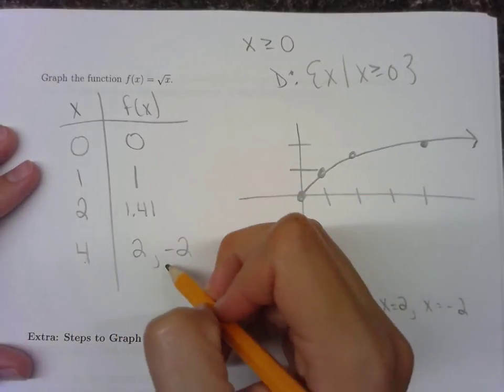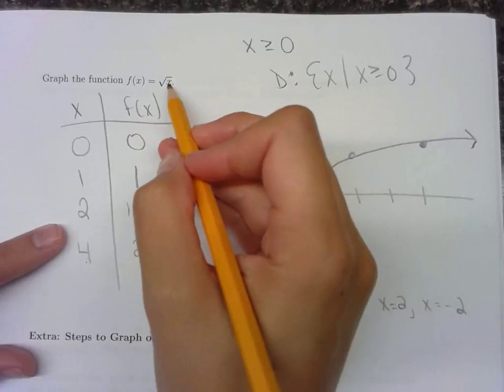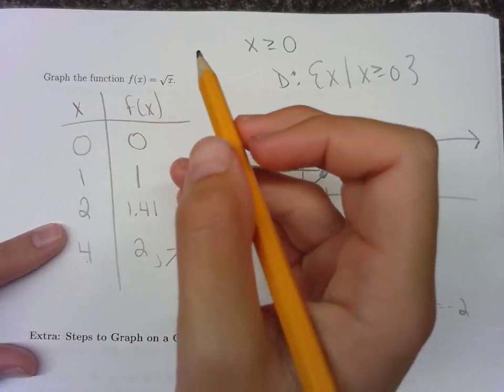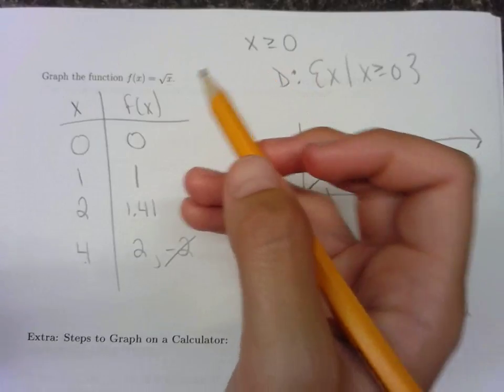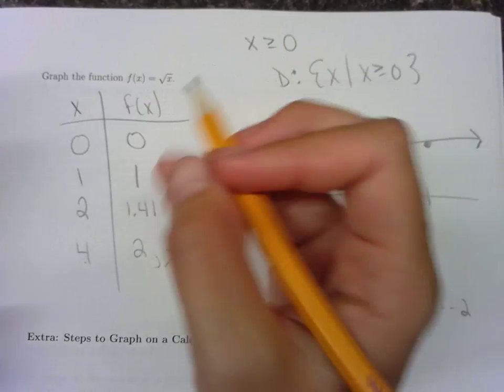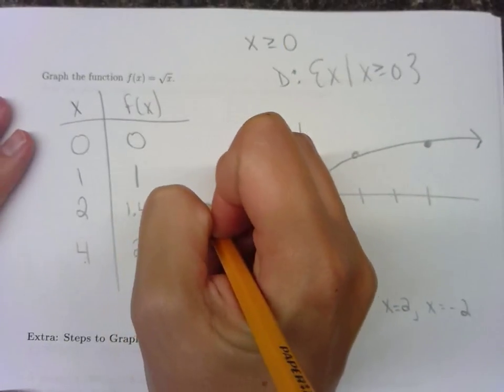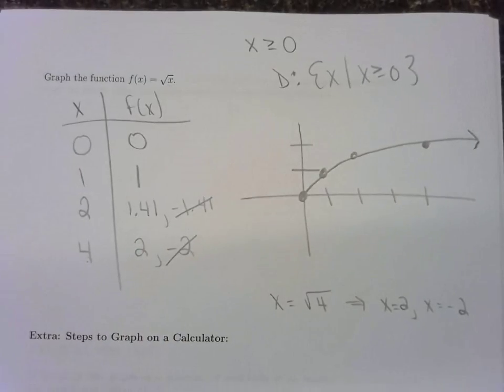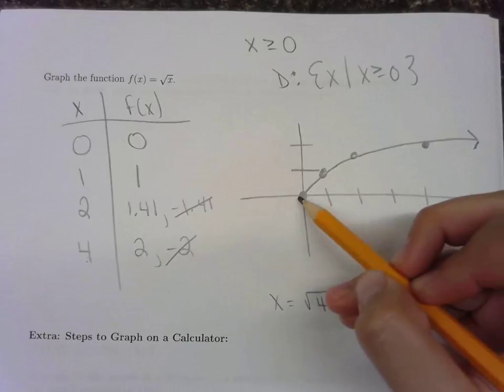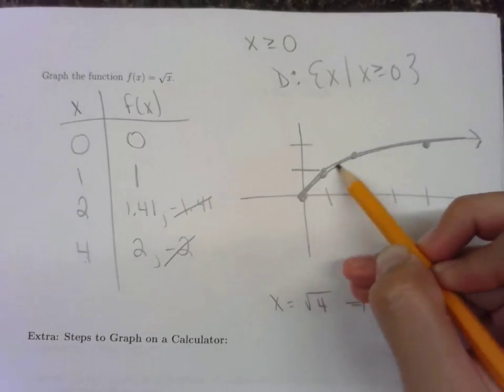So when you're graphing the square root of x or the 4th root of x or the 6th root of x, we almost always choose the positive values. Here you could have -1.41. Again, that's not a function if you choose that too. So we only choose the positive version.